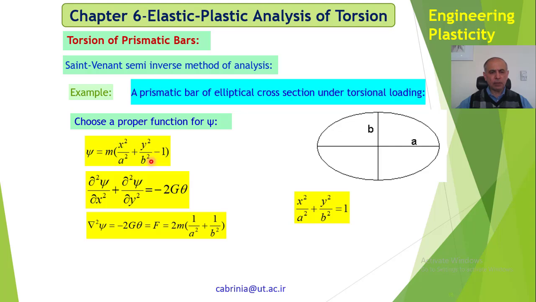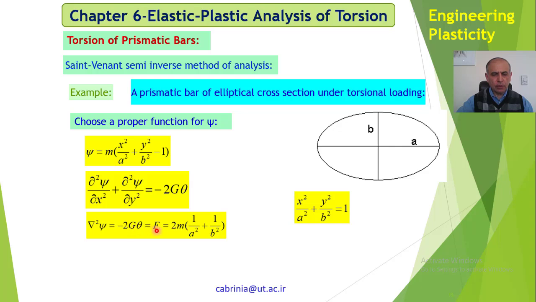What was the condition? The condition was that psi on the boundary of the cross-section must be 0 or must be constant. So we have this, therefore obtaining m in here, 2m times 1 over a squared plus 1 over b squared is equal to minus 2g theta.